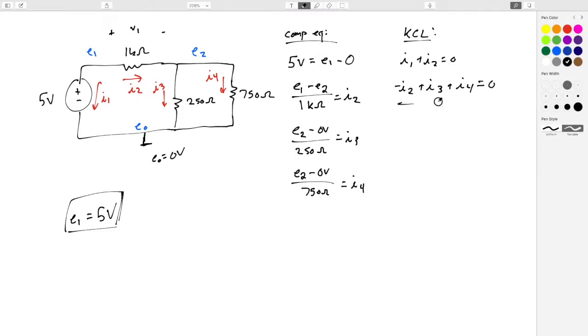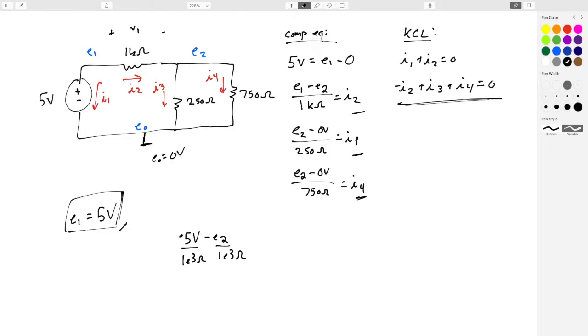So I'm going to take this equation, drop each one of these in, as well as this piece of information. So let's write that out. 5 volts minus E2. I'm going to break up the denominators just for ease of use. 1e3 ohms over 1e3 ohms.